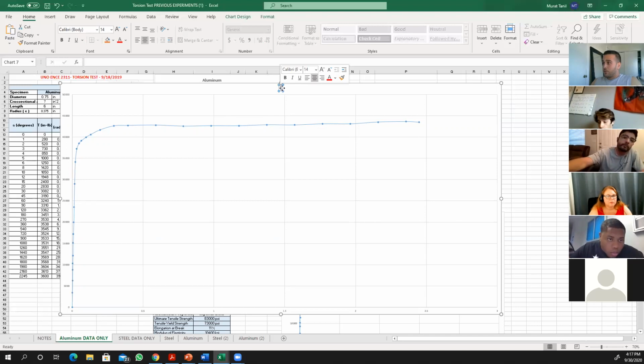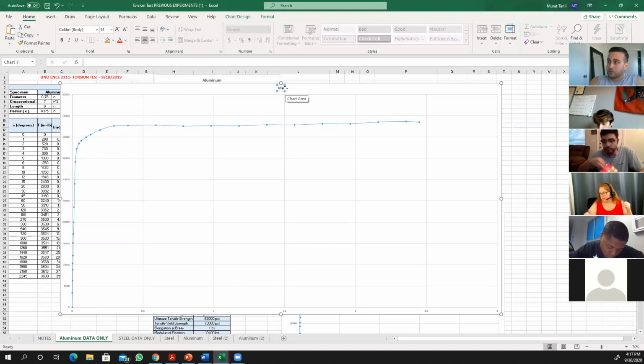I need to add the title. This is for the aluminum specimen: maximum shear stress versus maximum shear strain.